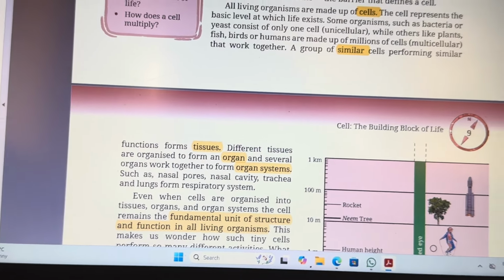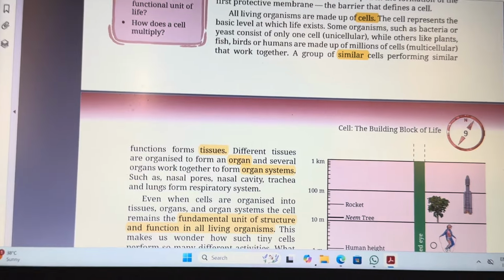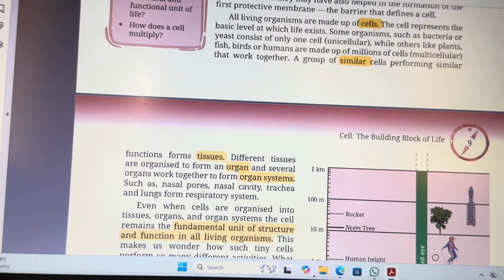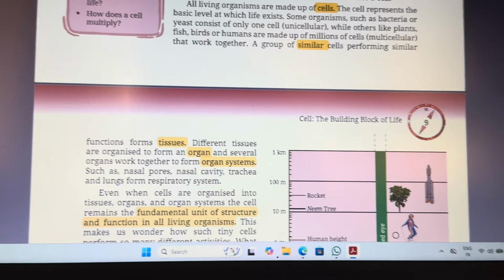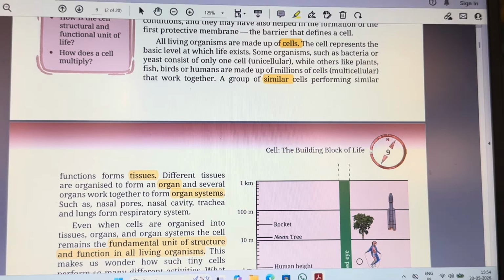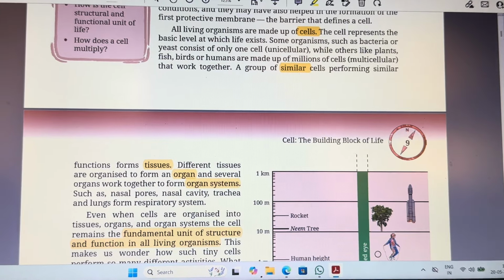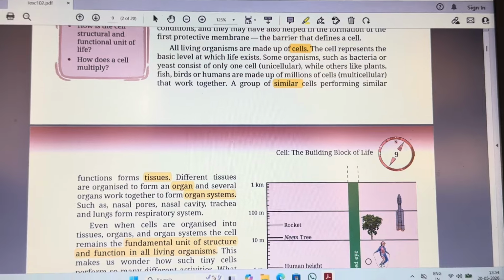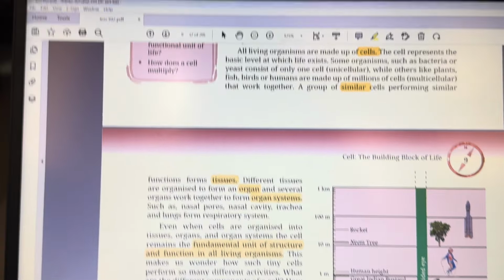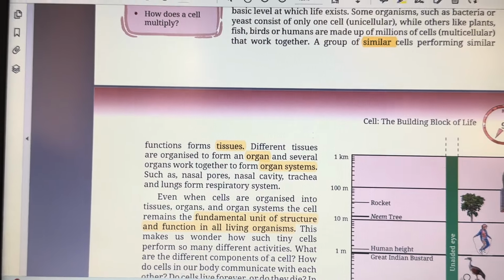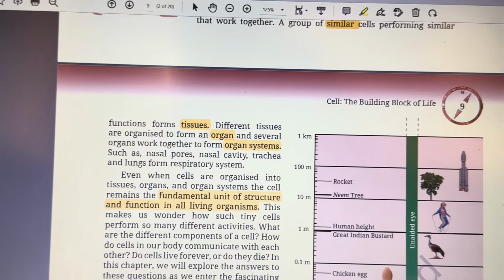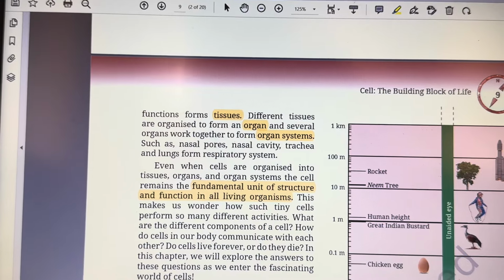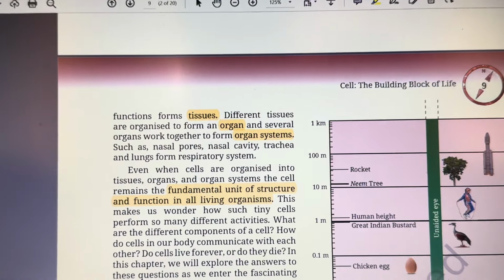Different tissues are organized to form organs, and several organs work together to form an organ system. So first similar cells form tissues, then different tissues are organized together to form organs, and later organs together form organ systems. Even when cells are organized into tissues, organs and organ systems, the cell remains the fundamental unit of structure and function in all living organisms.